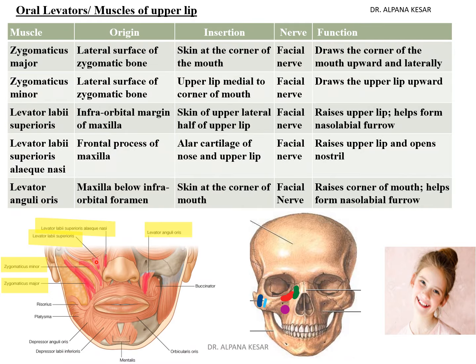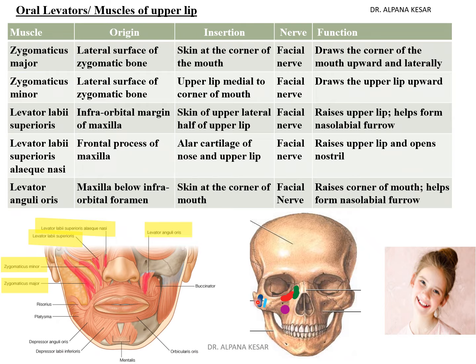This is levator labii superioris and levator labii superioris alaeque nasi. And the fifth muscle is levator anguli oris. So these five muscles are the oral levators.